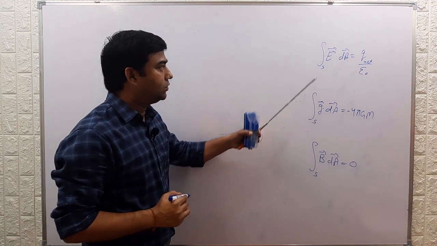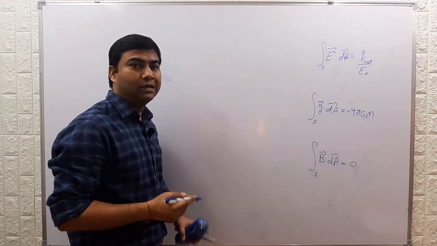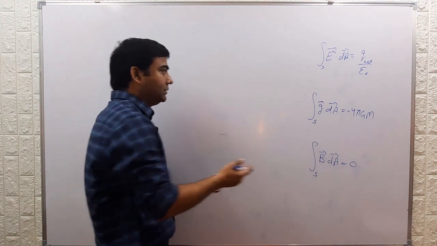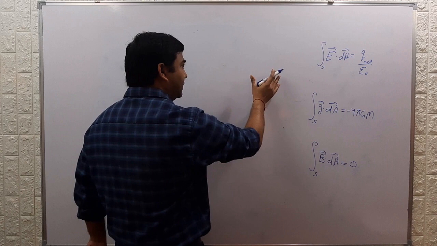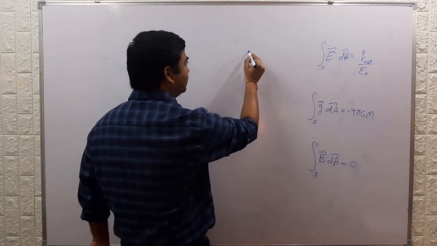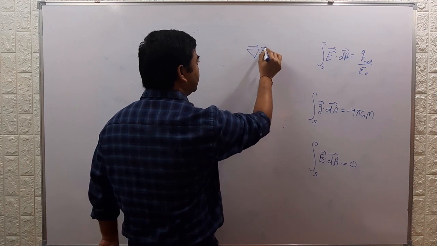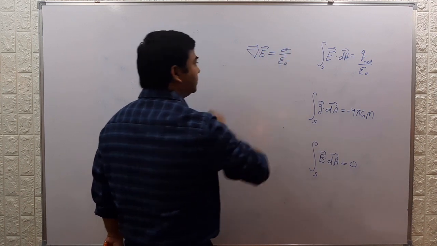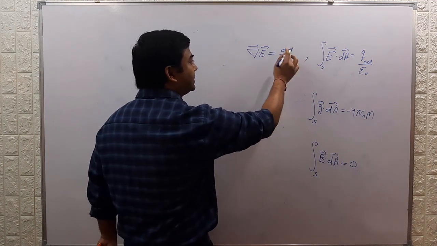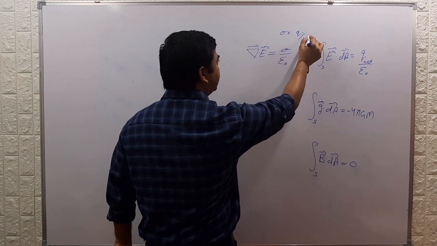So this is Gauss's law for electric field, gravitational field, and magnetic field in integral form. Now for electric field, Gauss's law in differential form is del dot E is equal to sigma by epsilon, where sigma is charge density, that is sigma is equal to Q by V.